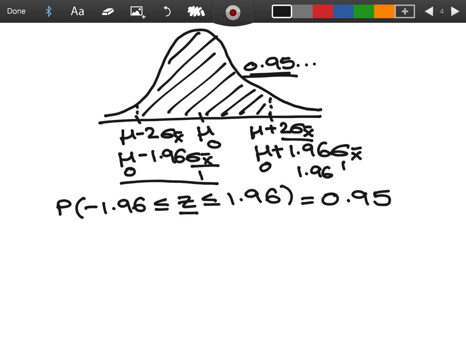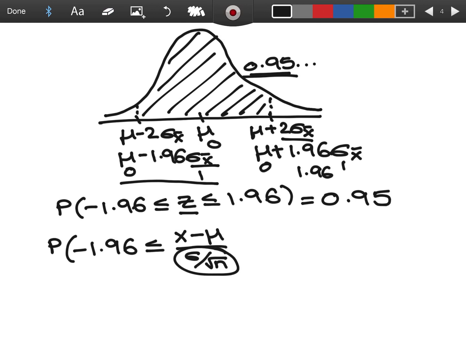Now, we're going to use a z transformation here, but I'm going to use the z transformation of my sample means. So z is x minus the mean divided by the standard deviation over the square root of n. This thing here is just the standard deviation of my sample means, and this is the mean of my sample means, which is just the population mean.